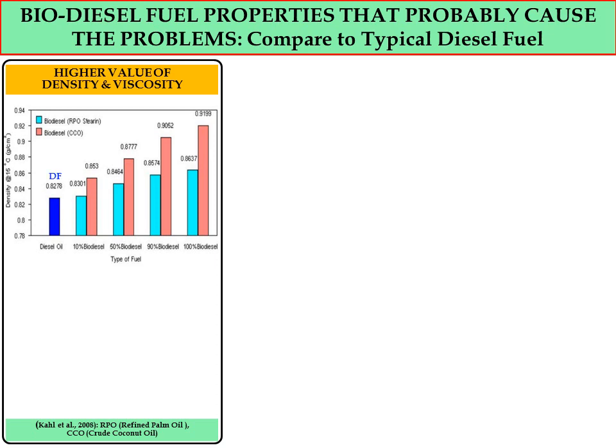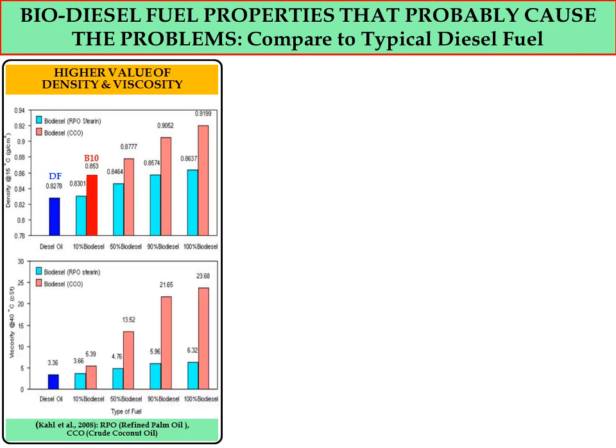So we have diesel fuel. The first column shows the density data for diesel fuel, and the red column represents the density for B10. You can see that when we increase the amount of biodiesel in the fuel, we get a higher density.